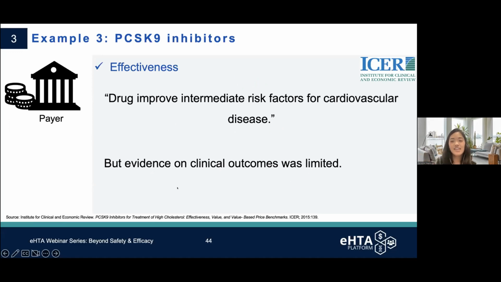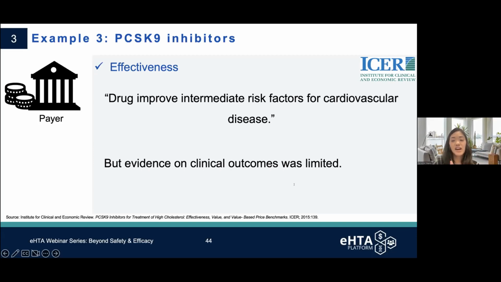What they concluded was that, based on the evidence available at the time, the drug improved intermediate risk factors for cardiovascular disease. The drug really decreased levels of bad cholesterol and total cholesterol. They also saw the drug increased the levels of good cholesterol, or HDL.